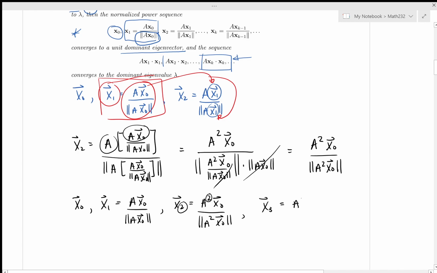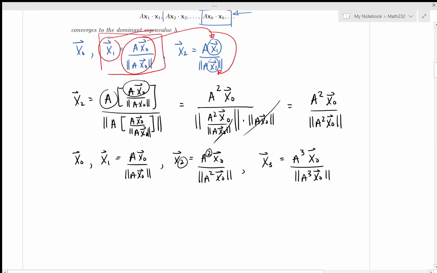That makes a nice easy way of writing this calculation down. We get this sequence of vectors, and we're guaranteed by our theorem above that as we go along computing it, this converges to the unit dominant eigenvector.